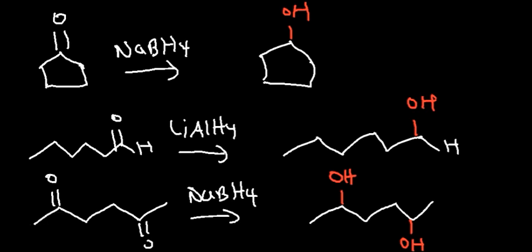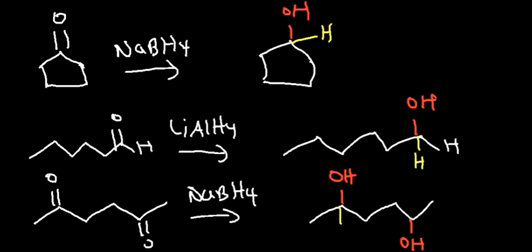So as you can see, each of these require the addition of one hydride ion. So I'm going to show that. Now for esters, acid chlorides, and carboxylic acids, they require the addition of two hydrogen ions.